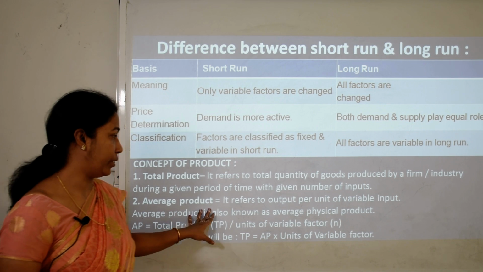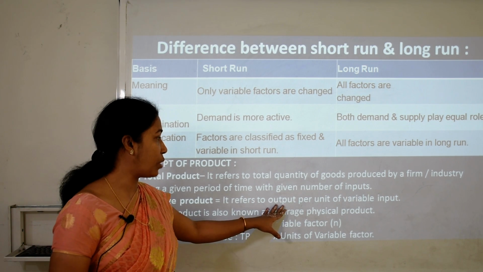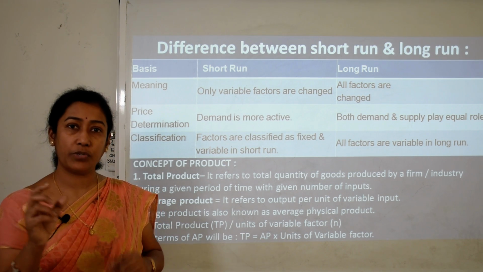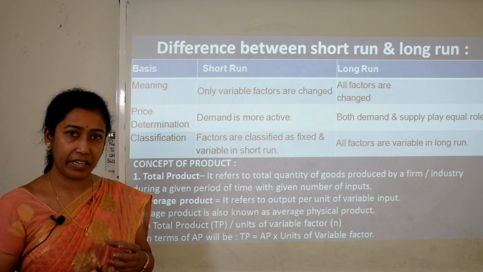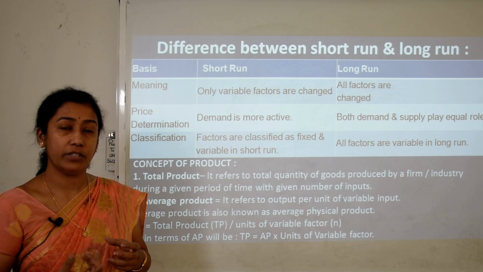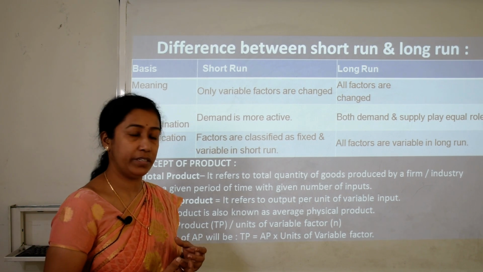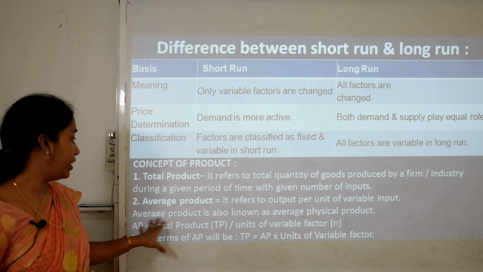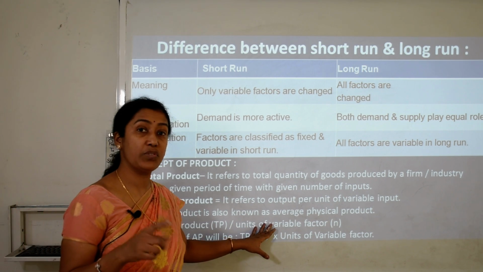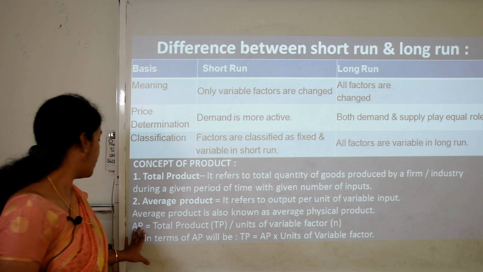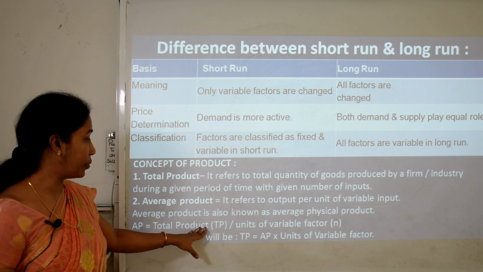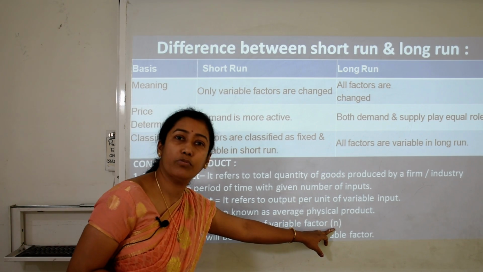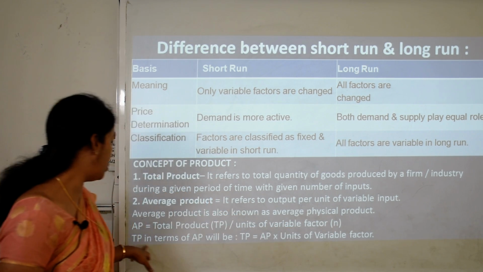Second is average product. Average product refers to output per unit of variable input. Variable inputs are those which we can change, like raw material, machinery and so on. Average product is also known as average physical product. It can be calculated as total product divided by units of variable factor, symbolically N, that is number of units.